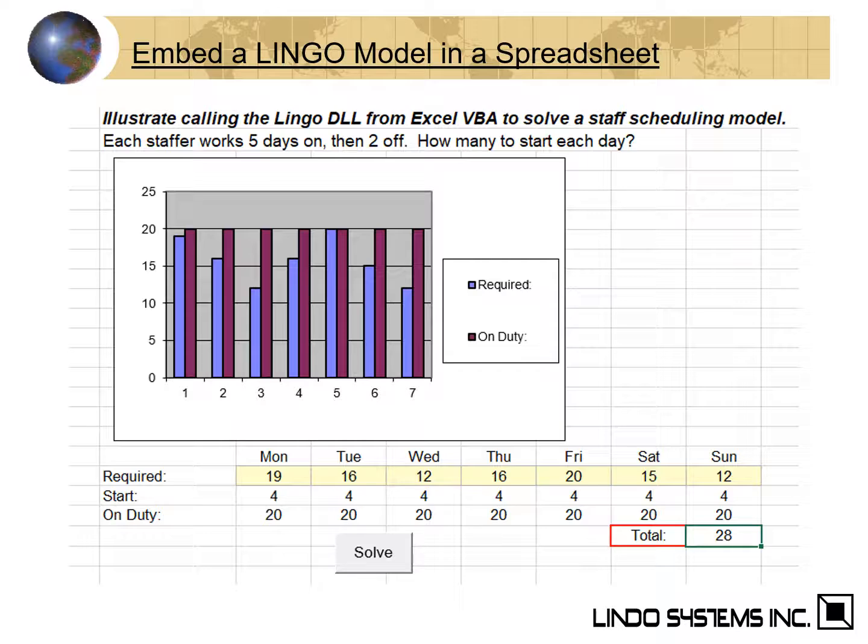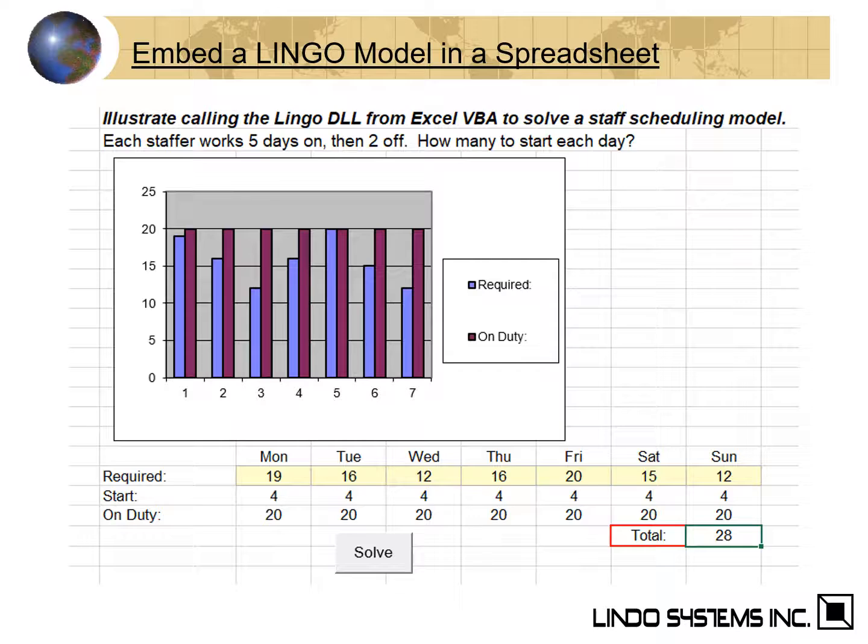Algebraic modeling languages, on the other hand, are rather more flexible. Spreadsheets are good if you have two-dimensional problems like suppliers and customers or products and time periods. However, if you have more than two dimensions like suppliers and customers and time periods and products, it can get kind of messy in a spreadsheet.